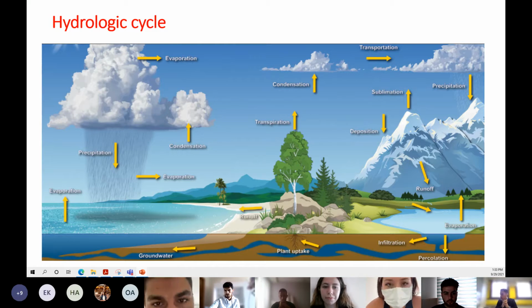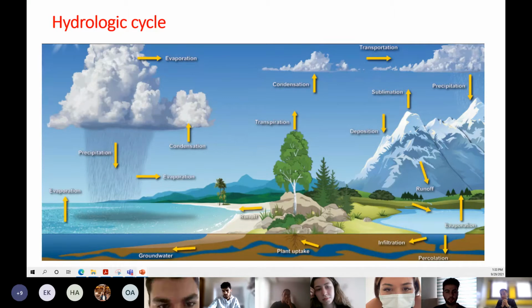I will talk more about them. Okay, what is the output for our control volume? What's the output of the ocean?